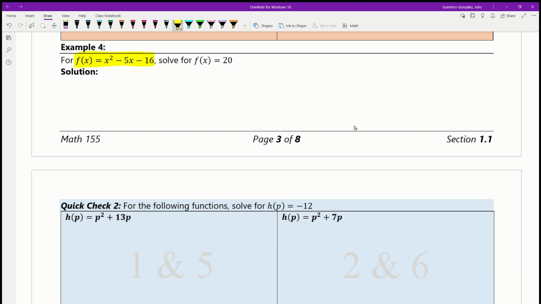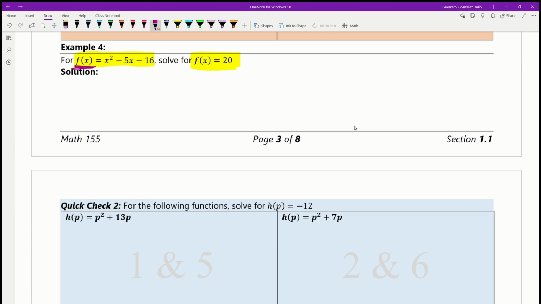If you take a look at this, before we knew what to do if that 20 was inside where the x is. But we don't know what to do if f of x is equal to 20. We want to find that x value such that when we put it into f of x, we get 20.